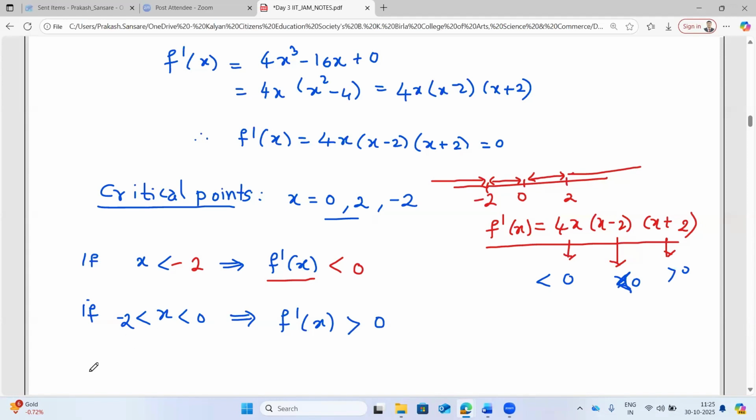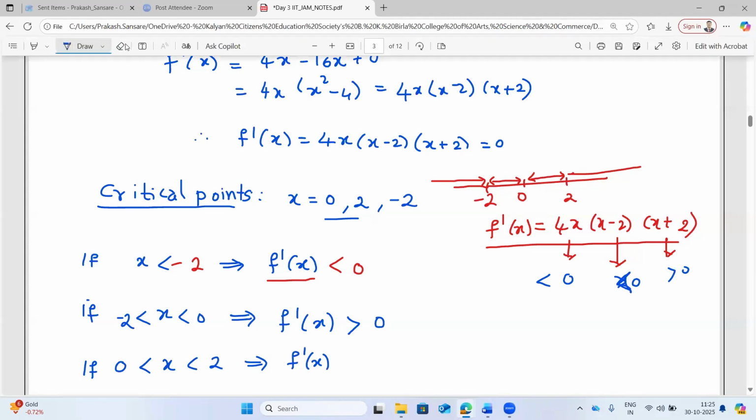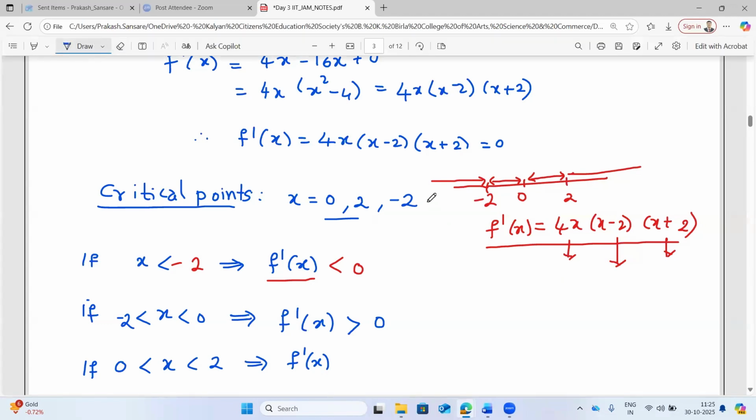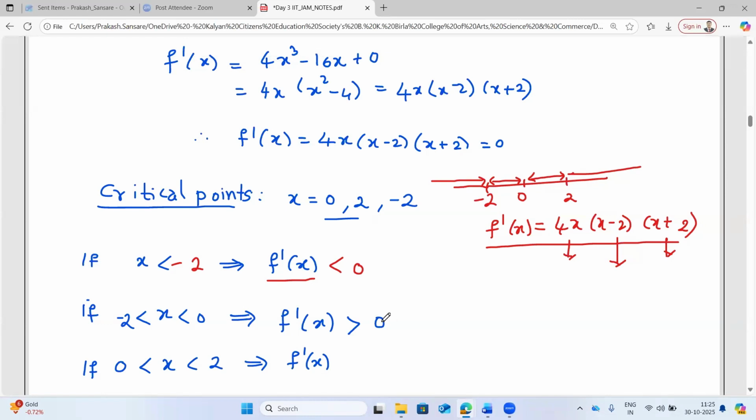Now the third case is from 0 to 2. Let's analyze again what f dash x is. Can you tell me now what f dash x is, positive or negative?